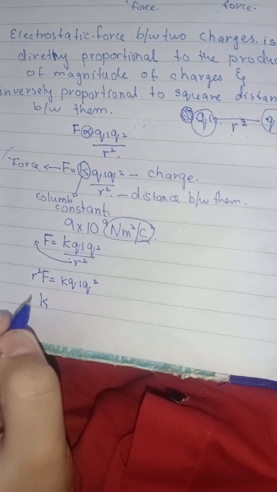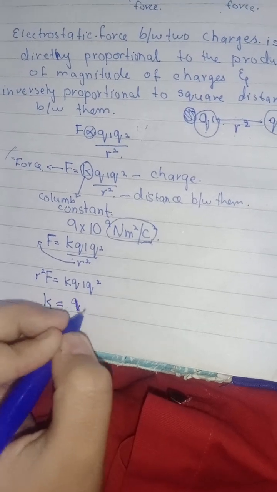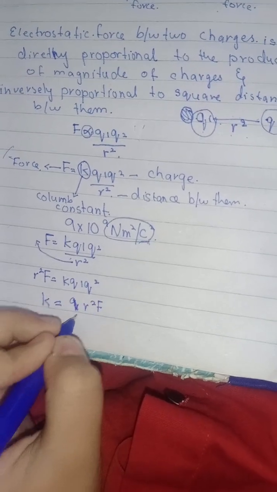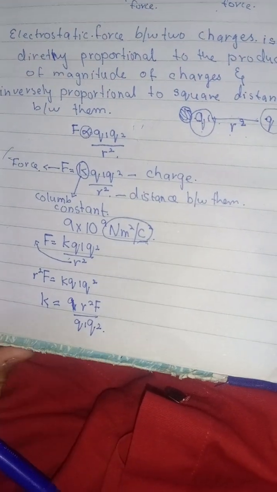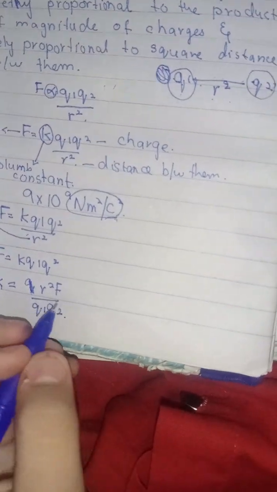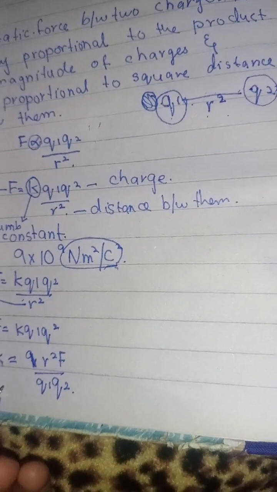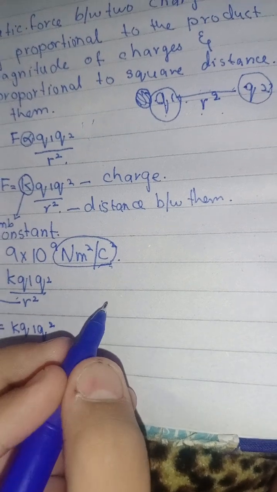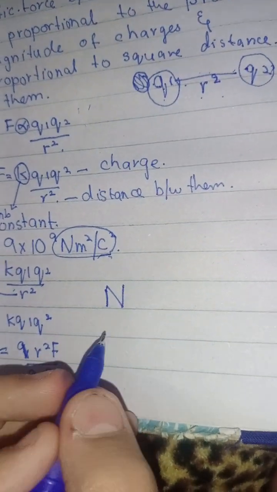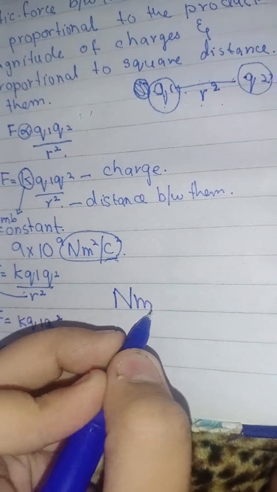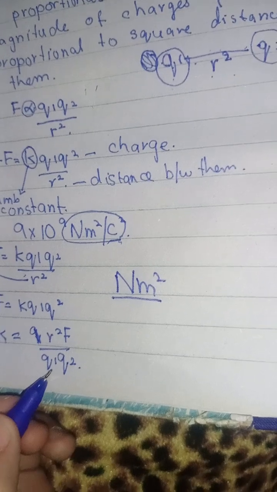Now we have to find the value of K. K is equal to R square F upon Q1 Q2. Now the unit of F is Newton, R is in meter so meter square, and upon that we have the two charges, Q1 and Q2.